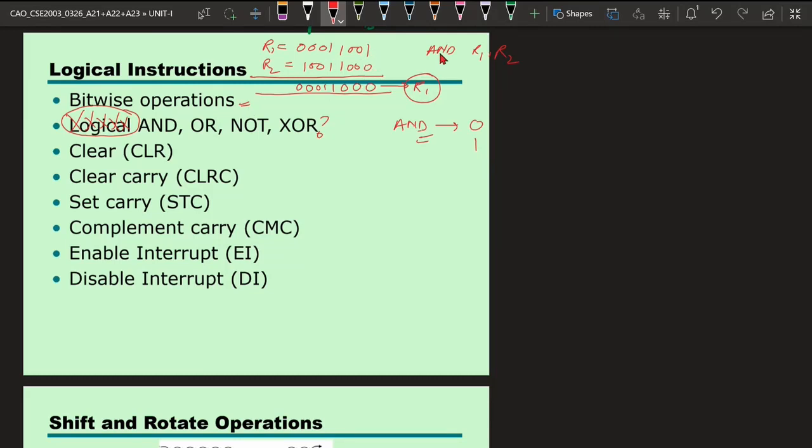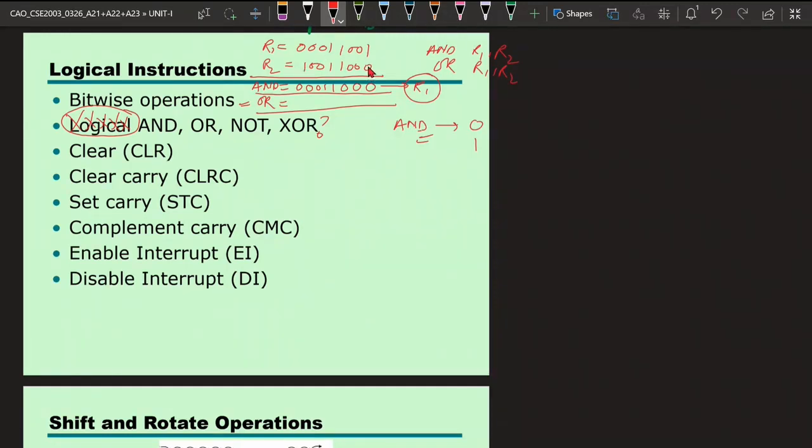So in case of AND, R1 comma R2 will take the AND of the data. Similarly, we have OR. If it is OR R1 comma R2, we will be performing the OR operation, taking the OR of this bit and this bit, MSB together with MSB.